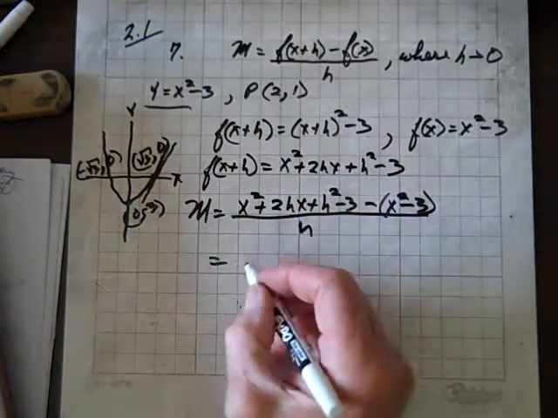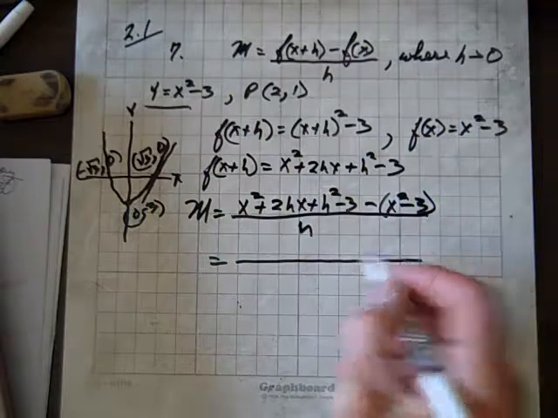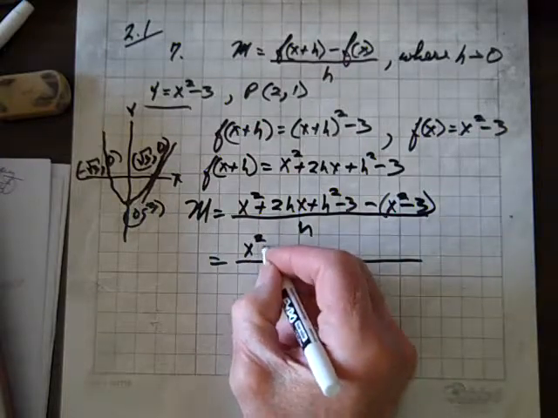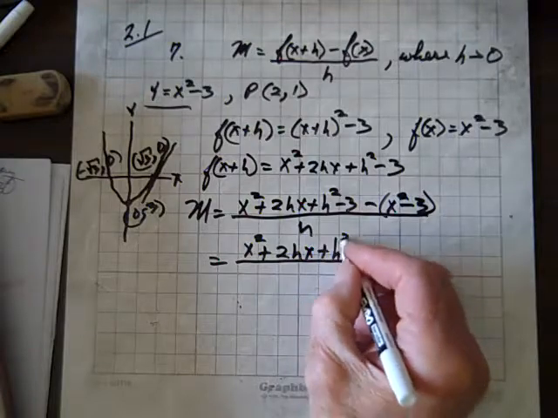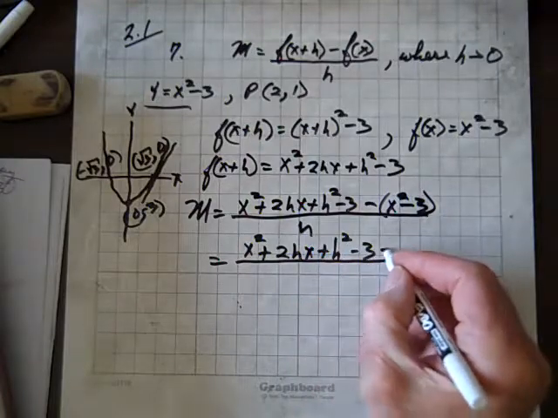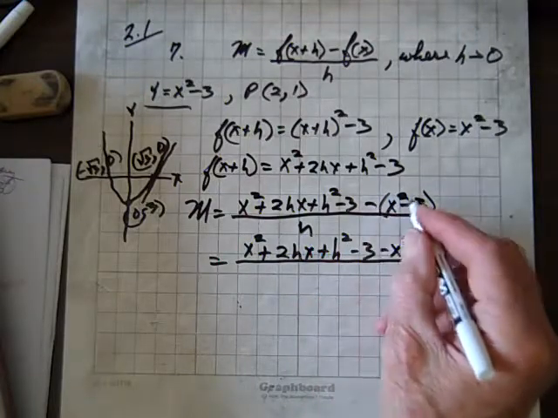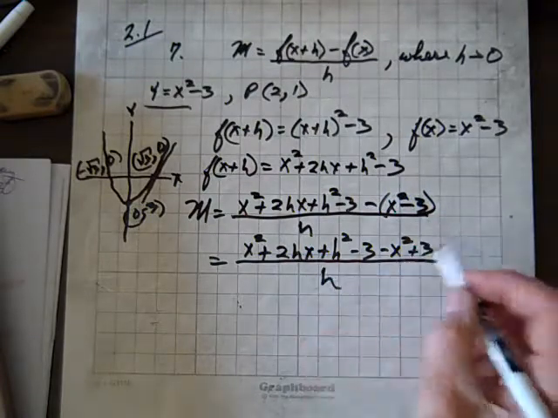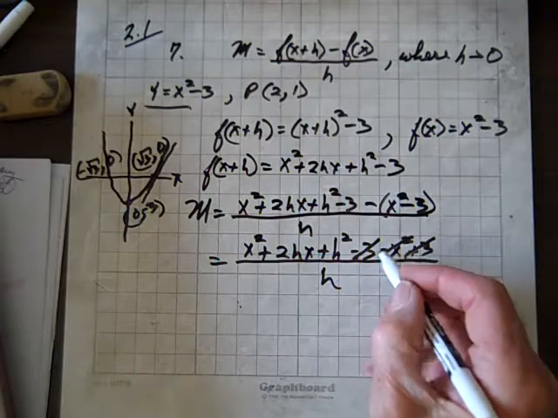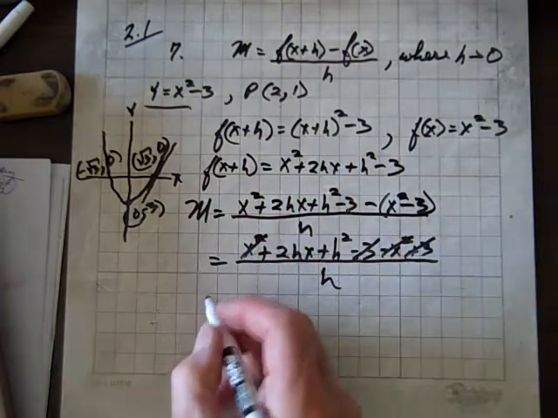So that equals x squared plus 2hx plus h squared minus 3 minus x squared, and a minus times a minus is a plus 3, all over h. Now notice these 3's add out, and so do the x squareds.